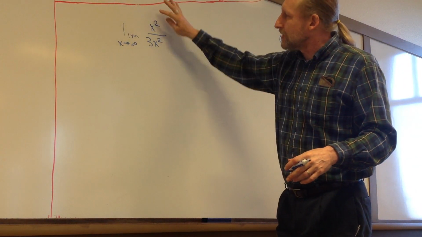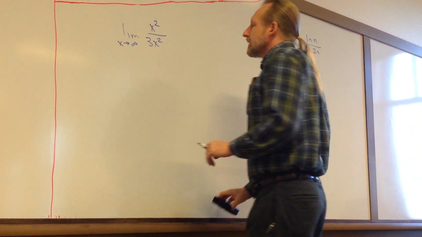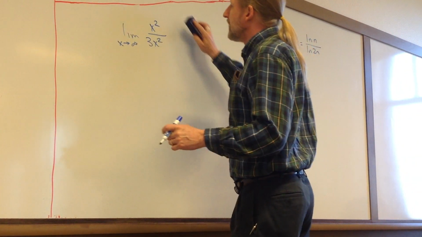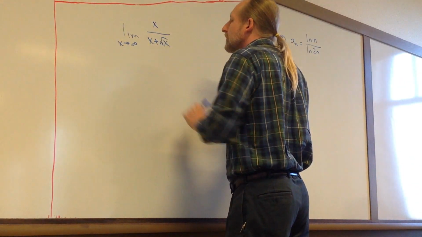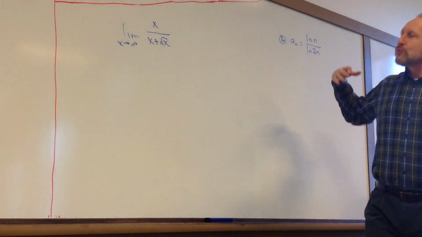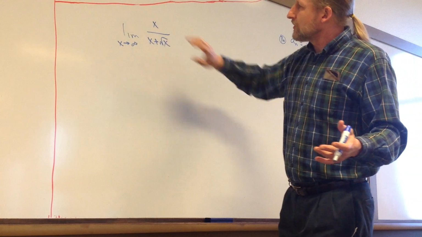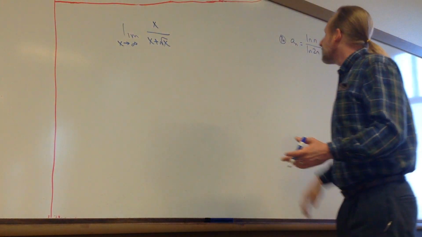So rather than going to 0, this will approach 1/3. Another example that we just saw a minute ago is x over x plus square root x. The denominator is bigger, but rather than driving this thing to 0, this becomes less and less important, and the limit here is 1.